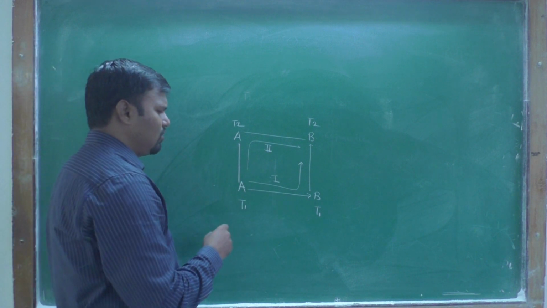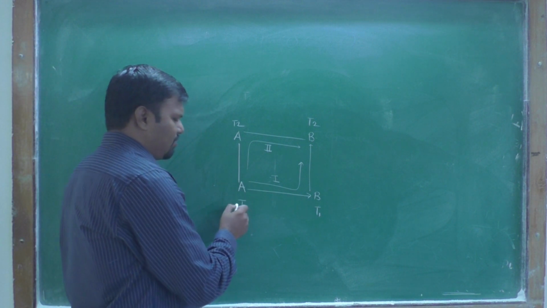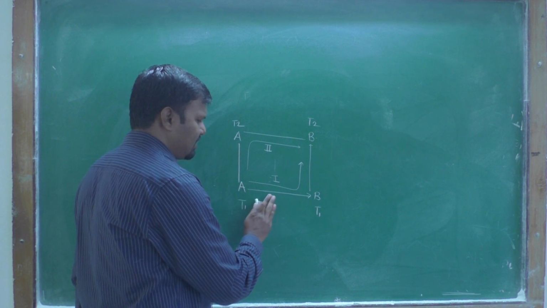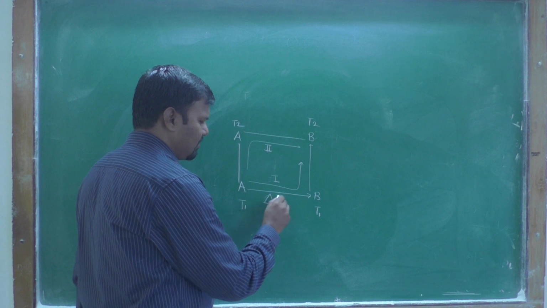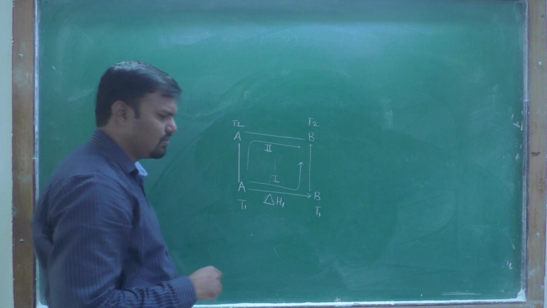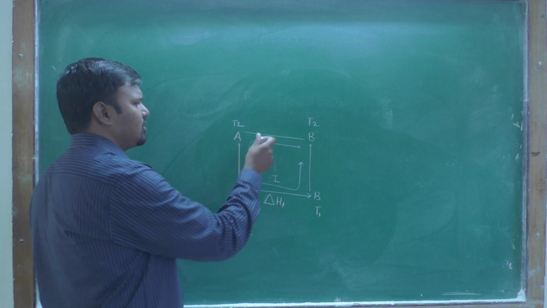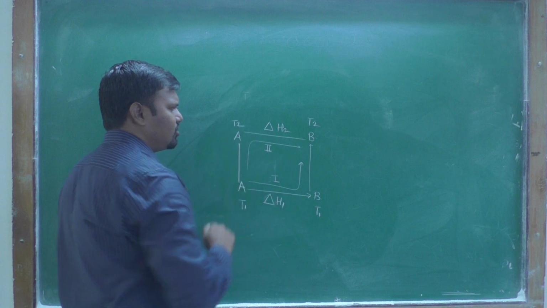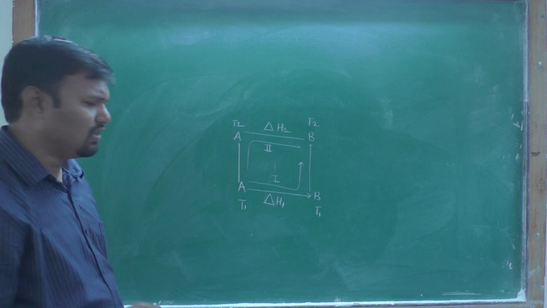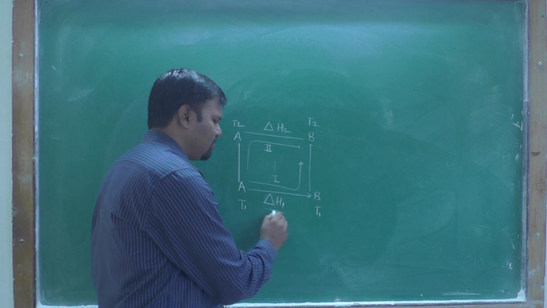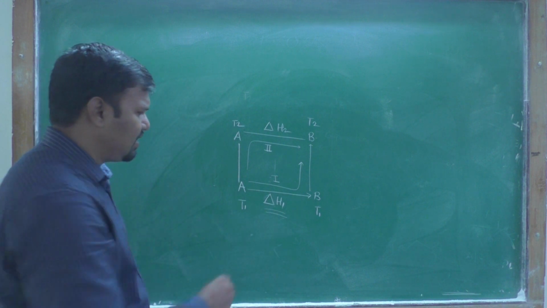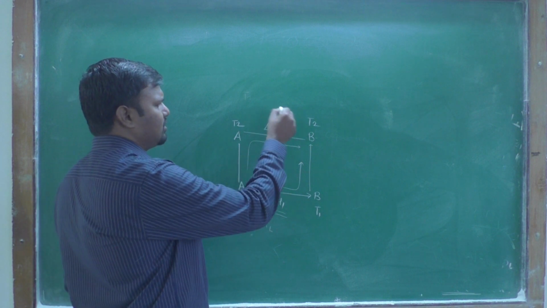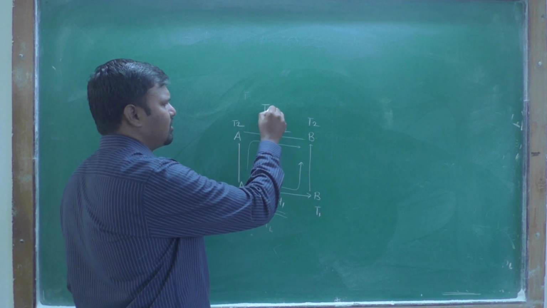During conversion of A to B by the first route, the change in heat is given as delta H1. And during the second route, the change in heat is given as delta H2. Heat evolved during the first process is delta H1 at temperature T1, and heat evolved during the second is delta H2 at temperature T2.